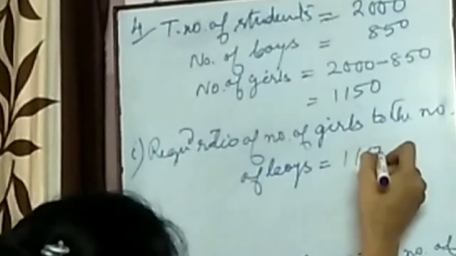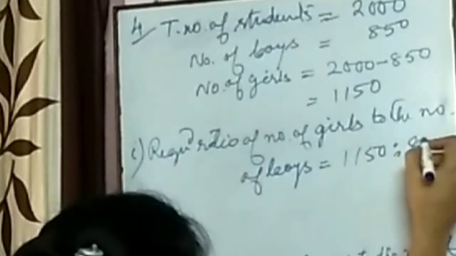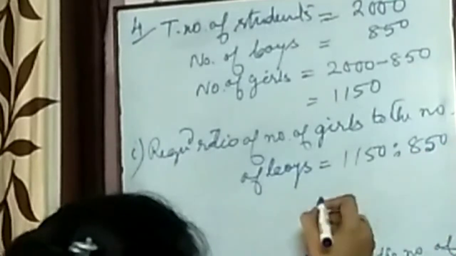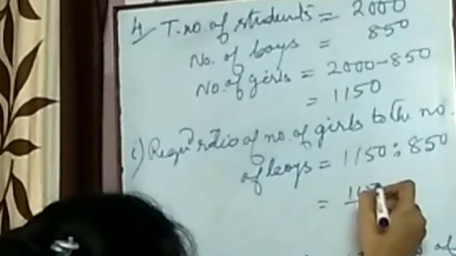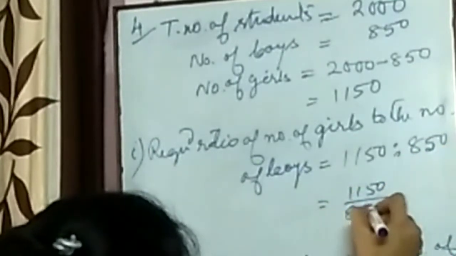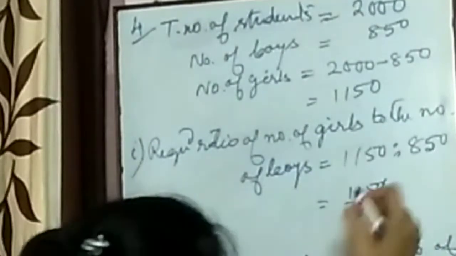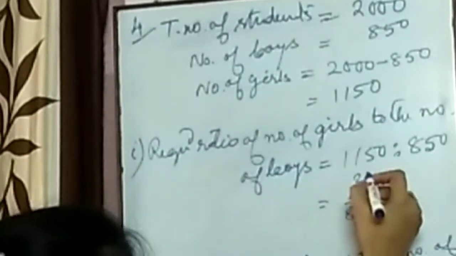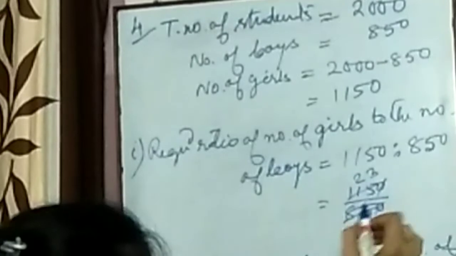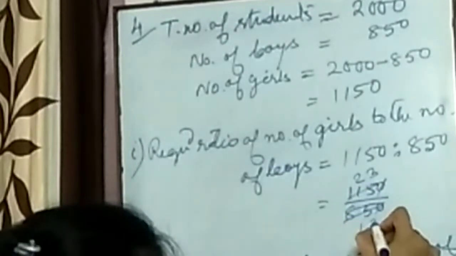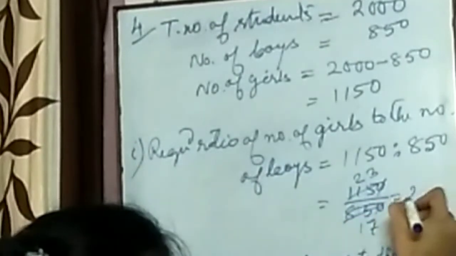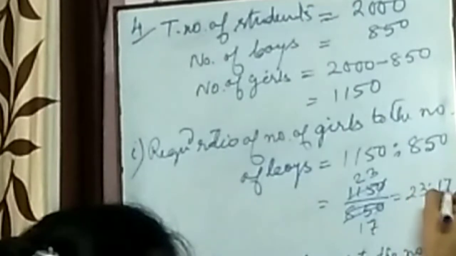Girls 1150, boys 850. So 1150 by 850, 0 got cancelled. 5 2s are 10, 5 3s are 15, 5 1s are 5, 5 7s are 35. 23 is to 17.